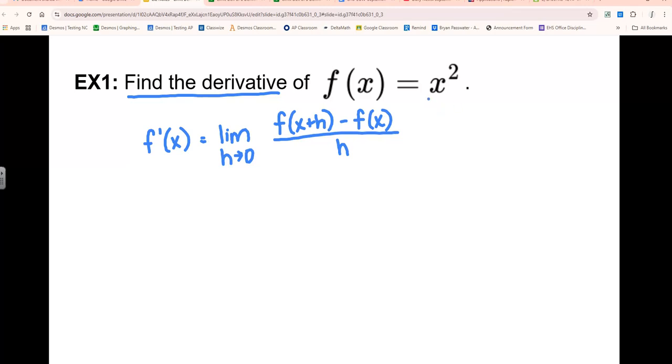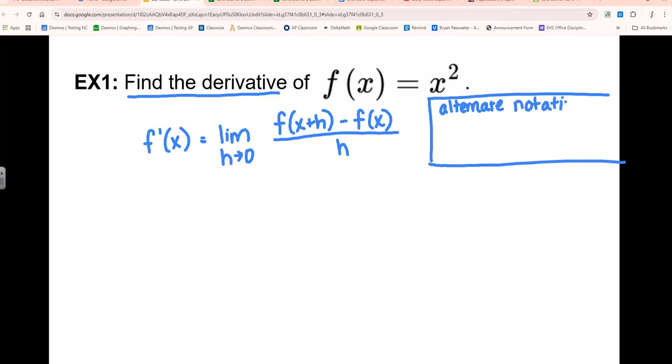Also, just a side note over here, alternate notation. Our textbook uses this, and I'm not sure, but if you ChatGPT this, there's a chance it shows up with this.